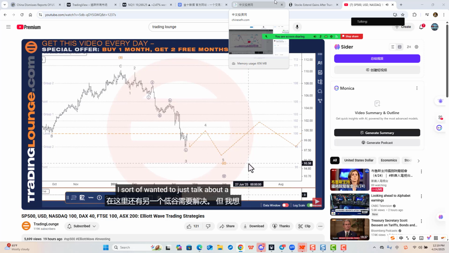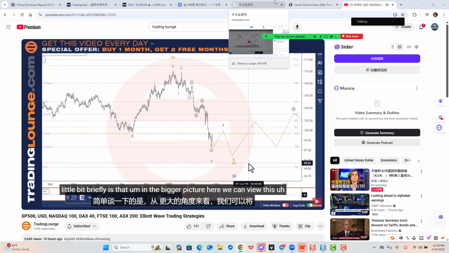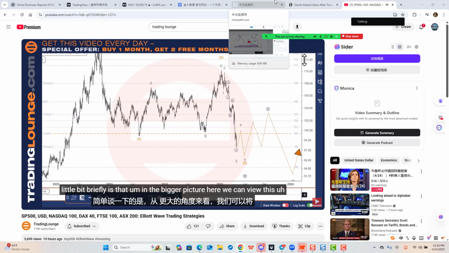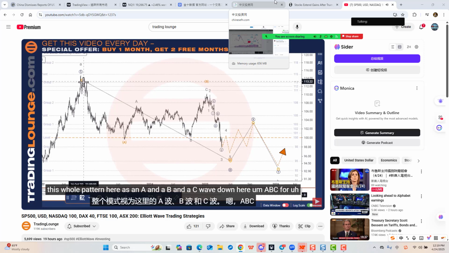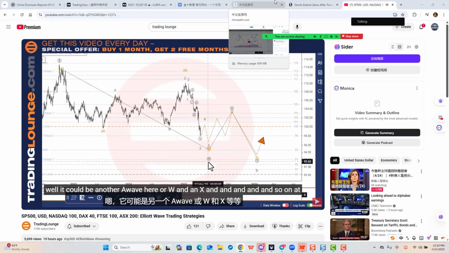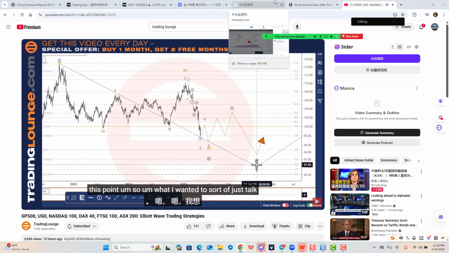But what I wanted to talk about briefly is that in the bigger picture, we can view this whole pattern as an A, B, and C wave down. It could be another A wave here, or a W and an X, and so on at this point.